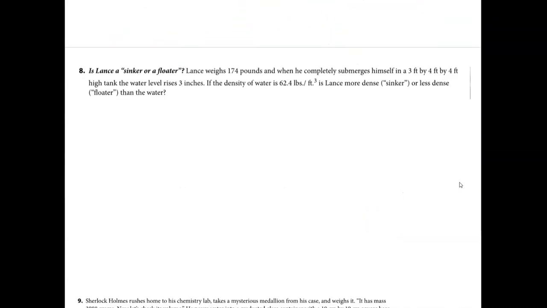All right, second to last problem. Lance weighs 174 pounds, and when he completely submerges himself in a 3-foot by 4-foot by 4-foot tank, it rises 3 inches. Again, they do not tell us which is the actual base, which is annoying.